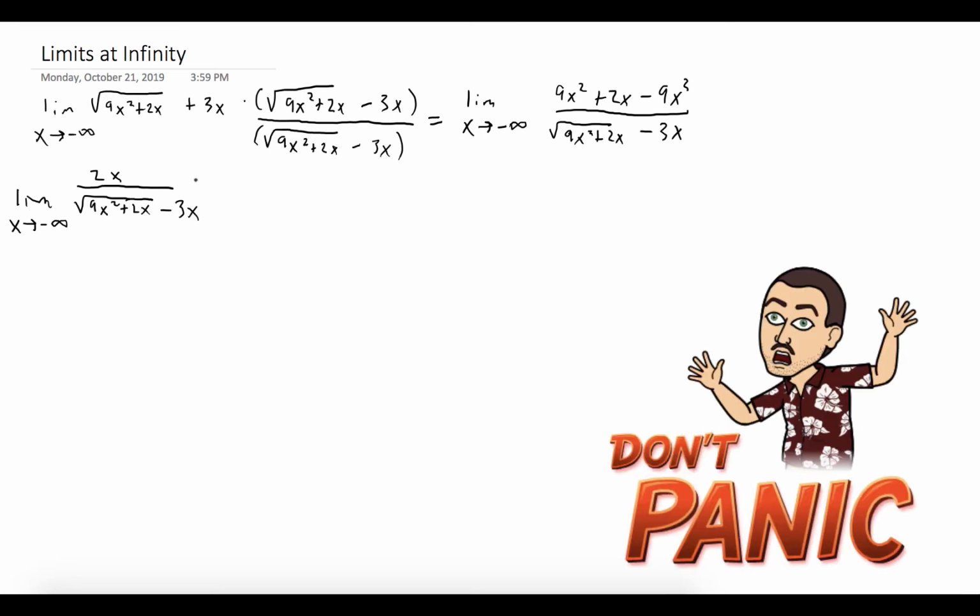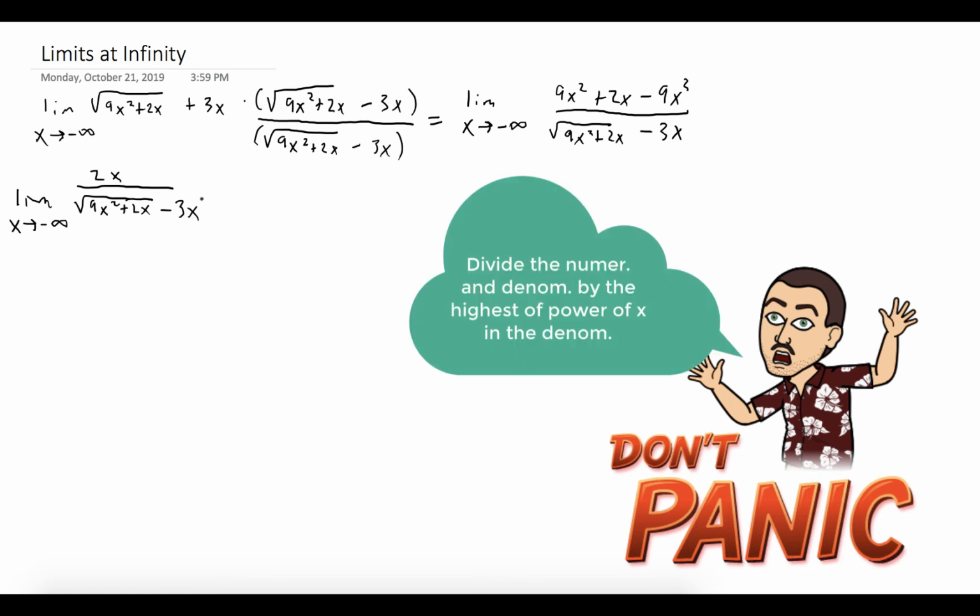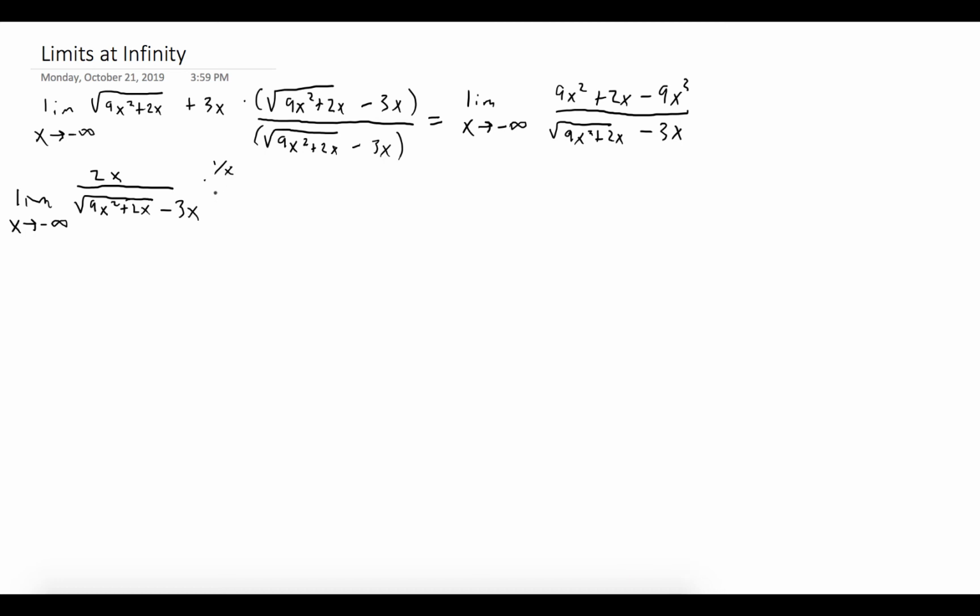And now what we're going to do is divide the numerator and denominator by the highest power of x that appears in each. Now you're thinking, well, maybe it's x squared, but notice that x squared is inside of a square root. So x to the first is the highest power of x that appears. So we'll multiply both the numerator and denominator by 1 over x.